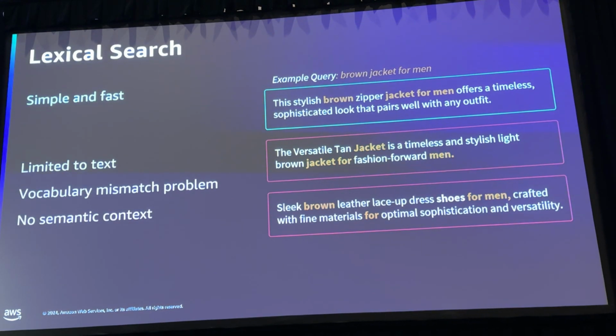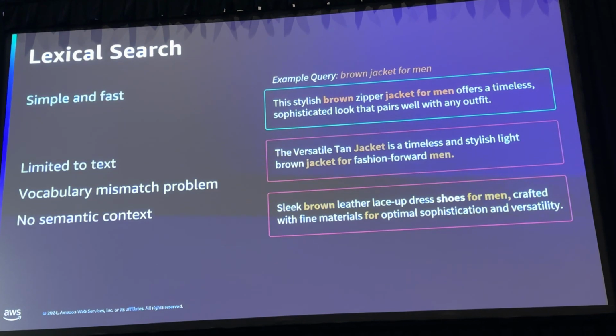That is when the lexical terms or keywords that are present in the user query don't really match a lot of the documents that were previously ingested. And it also doesn't capture the semantic context of the query. So if you look at the example query, which is brown jacket for men, BM25 will not be able to identify that brown is the color, jacket is the piece of garment, and so on and so forth, and that those are related.